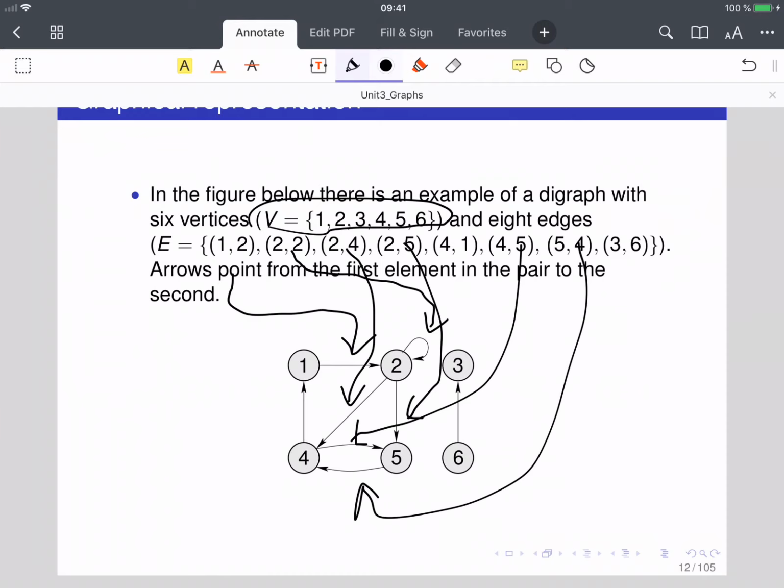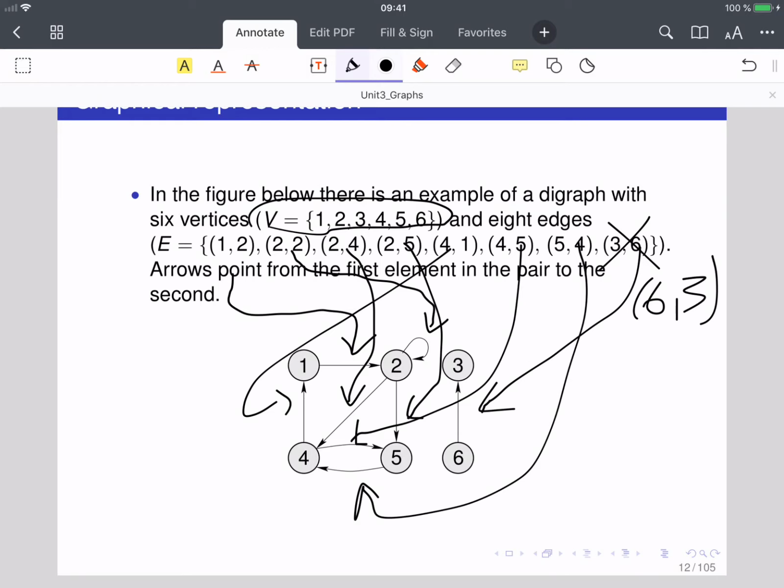But if you want to have that connection in both directions, then you need to specify both edges in the graph. Okay, we also have the arrow for 1, and finally, oh, this is incorrect. We should be careful, this should be 6, 3 and not 3, 6. Okay, because 6 is connected to 3, but 3 is not connected to 6.